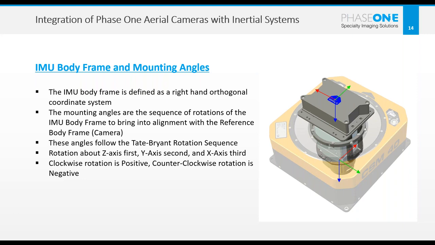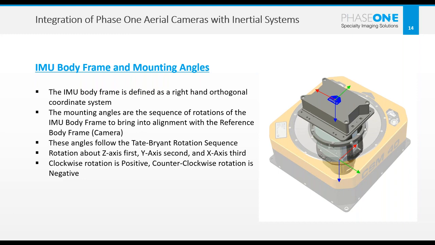So in this case, for example, you have a camera aiming downwards with the body frame aiming its X-axis in the flight direction, but the IMU is oriented minus 90 degrees, so the X-axis is pointing to the left.